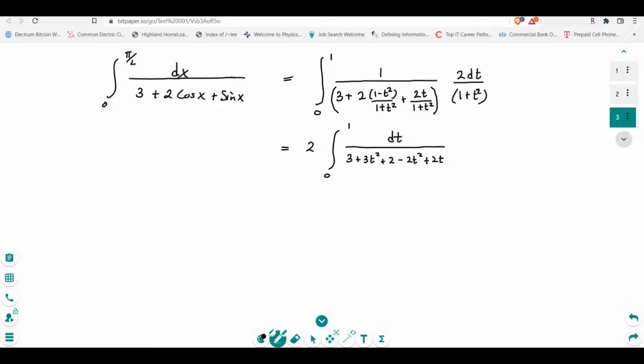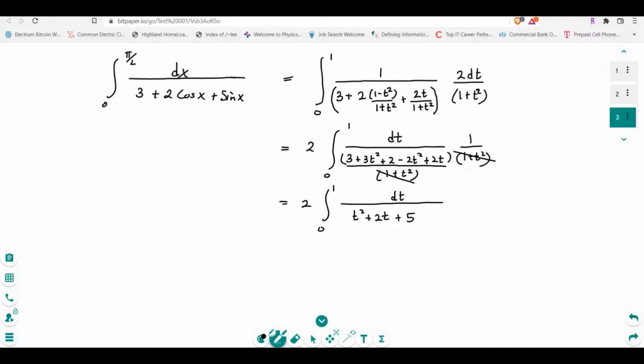Okay, and then you can see there's going to be a common denominator. That's going to be 1 plus t squared, but this common denominator can cancel out with this one. Okay, so that will cancel with that one, and then we have 2 times the integral from 0 to 1 of dt over t squared plus 2t plus 5.